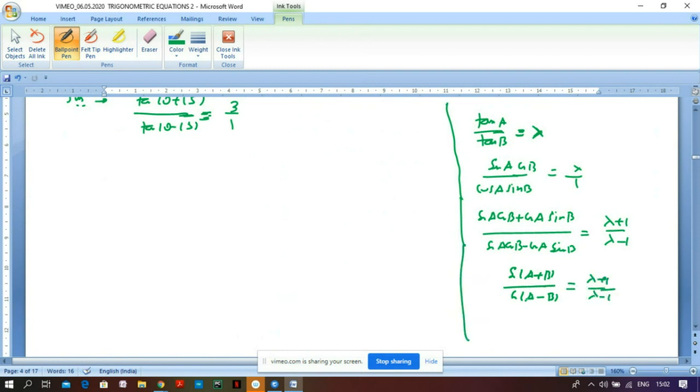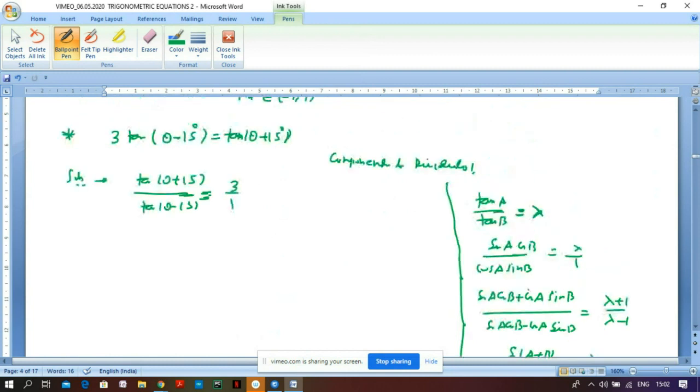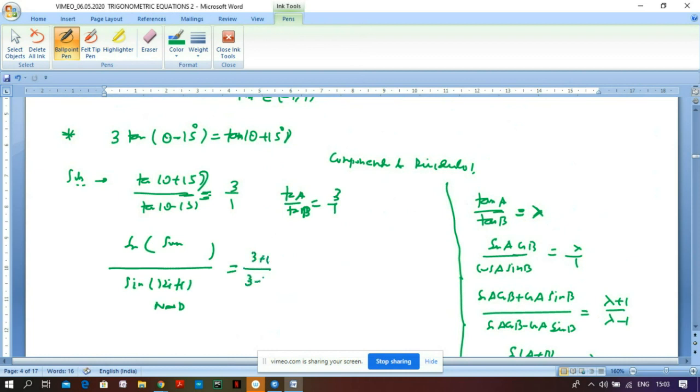So I have shown you that when you see something like tan A over tan B equal to 3 by 1, straight away jump to sine of the sum of these two angles and sine of the difference of these, in the order numerator minus denominator. The order is the same, n minus d. And this is of course (3 plus 1) over (3 minus 1), so that you won't make any mistake.